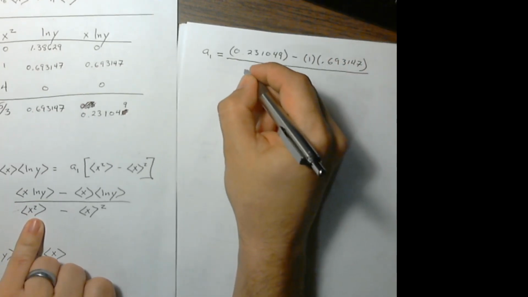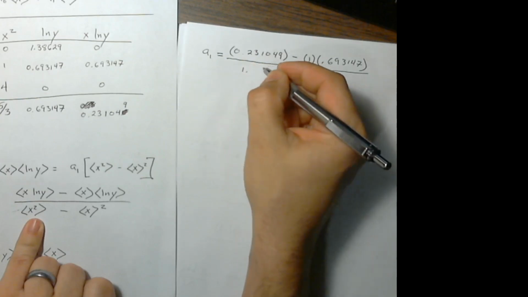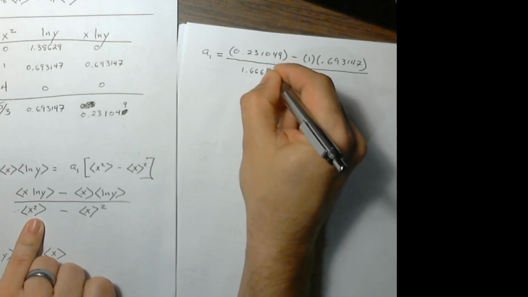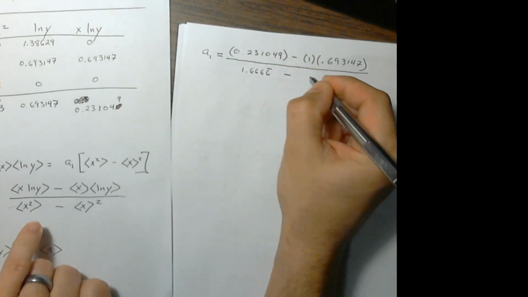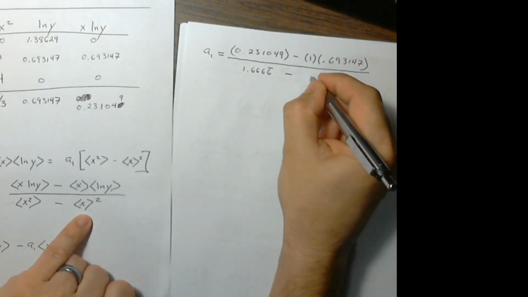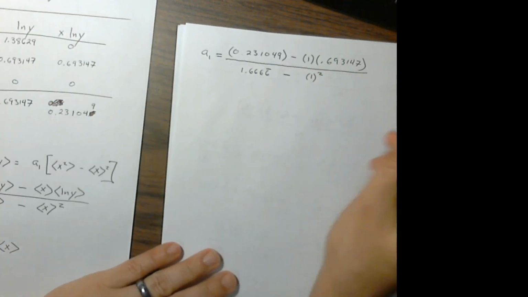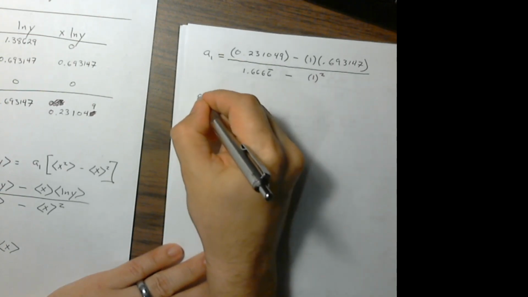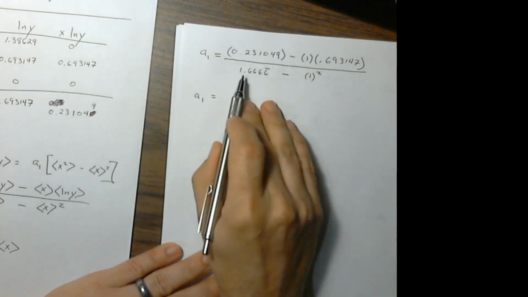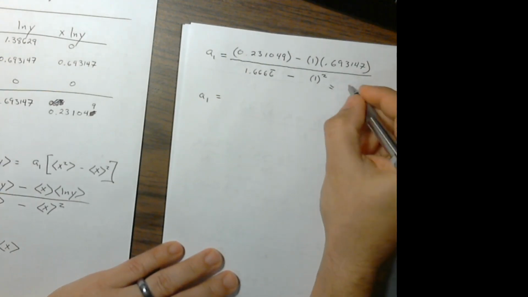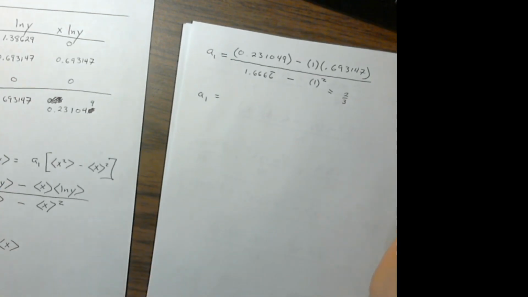Well, okay, I guess I can just write that out since I'm using decimals everywhere else. Minus expected value of x, squared. So that's just 1 squared. All right. 5/3 minus 1 is just 2/3 in the denominator. I'm going to use that in a minute.